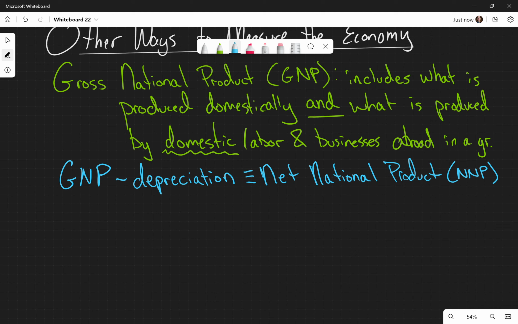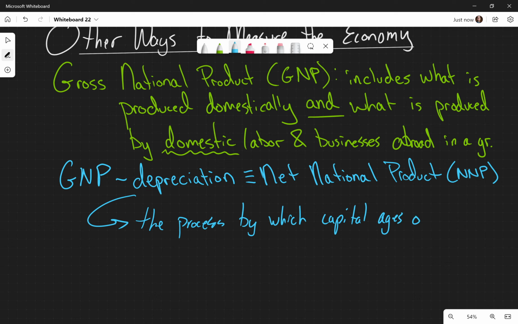And depreciation, what is that? This is the process by which capital ages over time and therefore loses its value. We all know this with cars, right? As soon as you drive a new car off the lot, it loses a bunch of value.